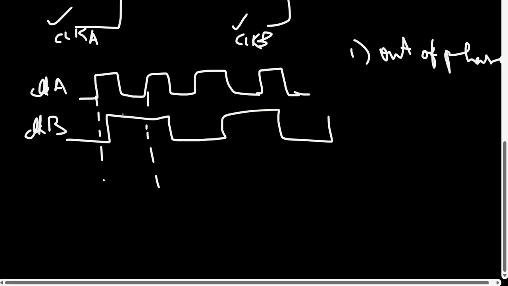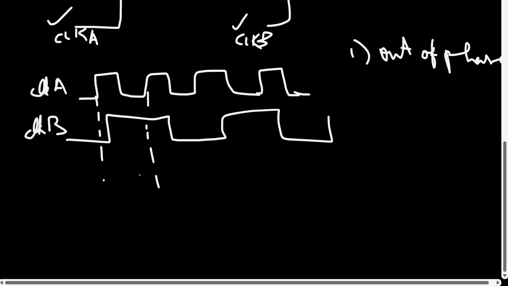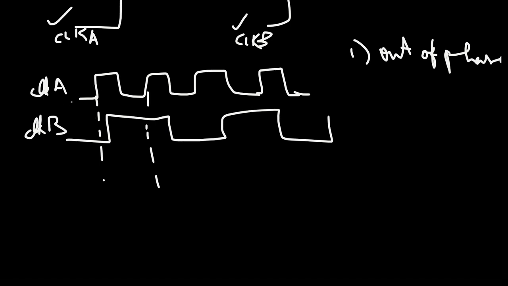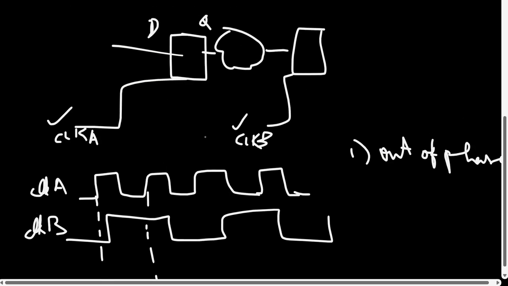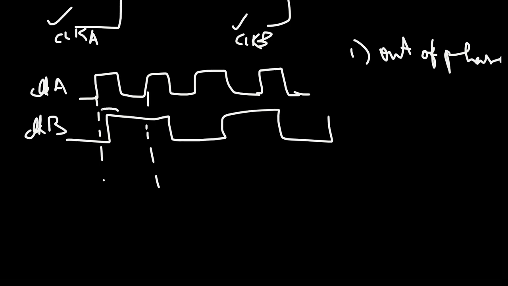In this case, the setup time and hold time checking using synthesis and STA is not applicable, because we don't really know when this particular edge is going to come with respect to the launch flop. It does not have a predictable behavior, so you will not be able to use the setup and hold checks that you usually do for synchronous paths.